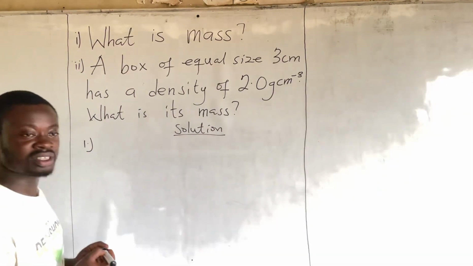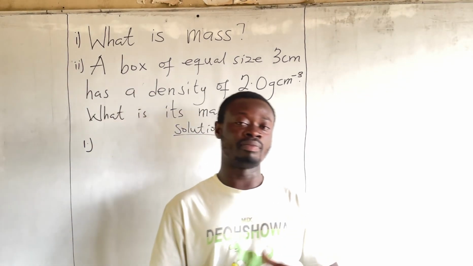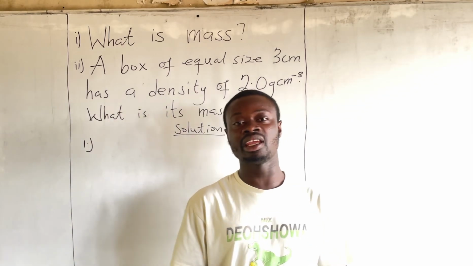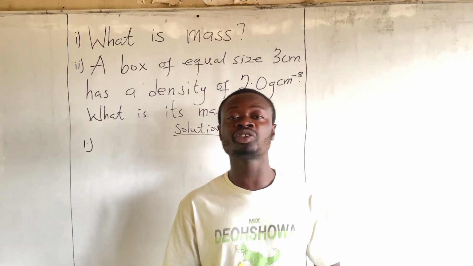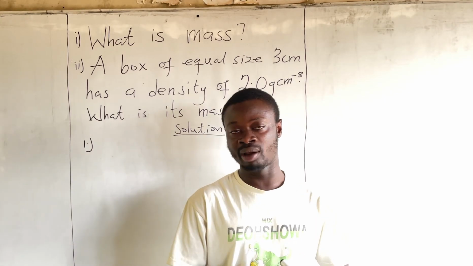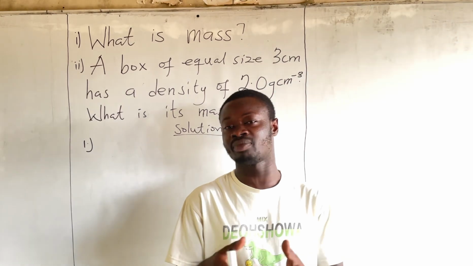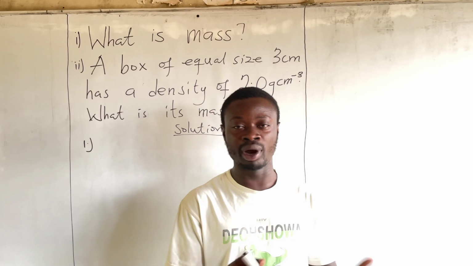So when you talk about mass, mass is simply the measure of how much matter is contained in a body, or you can say mass is the amount of matter contained in a body. Yes, so mass is a measure of how much matter is in an object or a body. So let's write it.